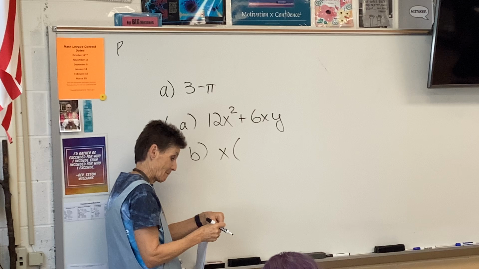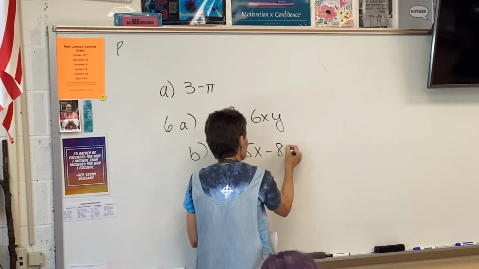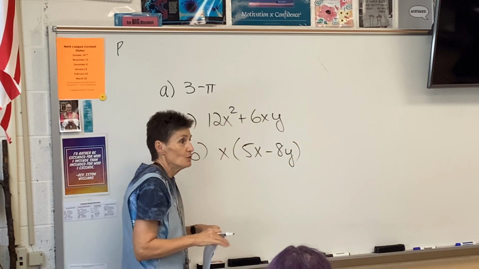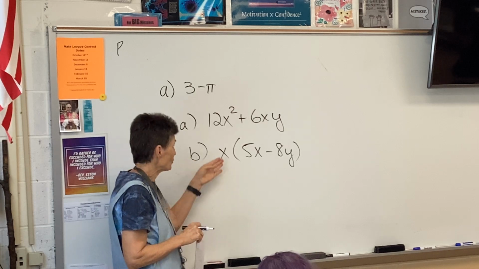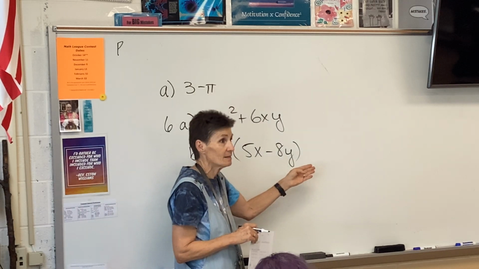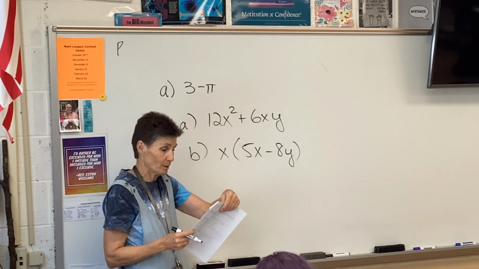You have 5x minus 8y. That sounds good to me. How about the rest of you? Are you good with that? Yeah. Notice that is easy to check because all we have to do is multiply it back in to check our work, right? So we should probably get in the habit of doing that.